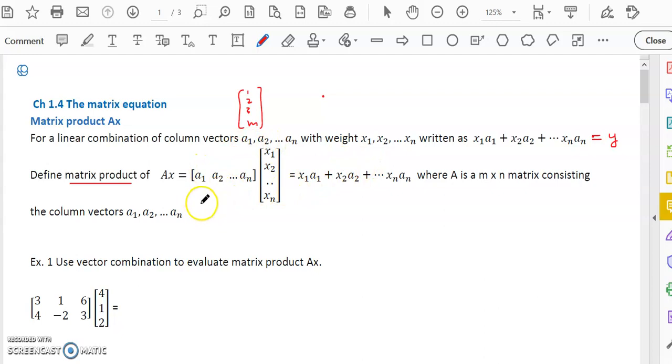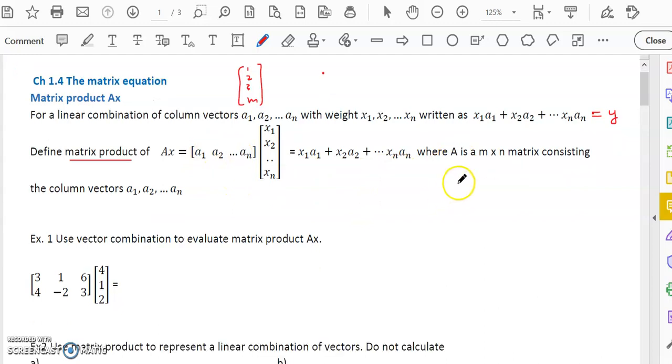And then this representation Ax is the representation of this. So just define this as a shorthand. If you see Ax, you know that it is a shorthand of writing x1 times a1, x2 times a2, and so on. You're doing a linear combination of vectors.